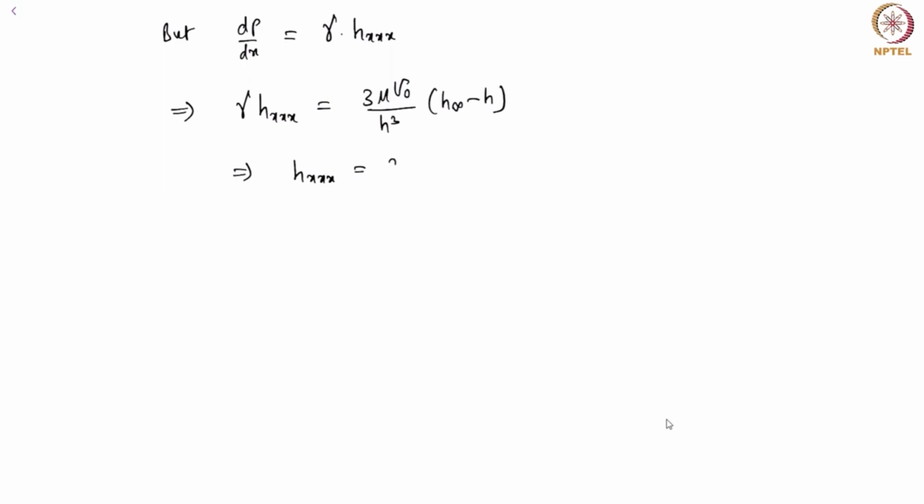and this gives me the following equation: hxxx equals 3 times capillary number, mu u naught by gamma is the capillary number, times h infinity minus h divided by h cube.